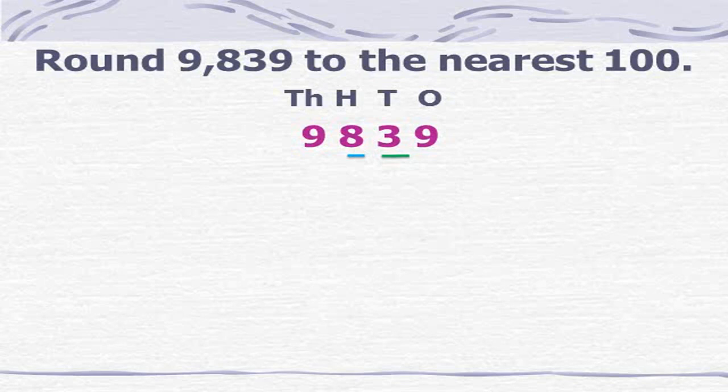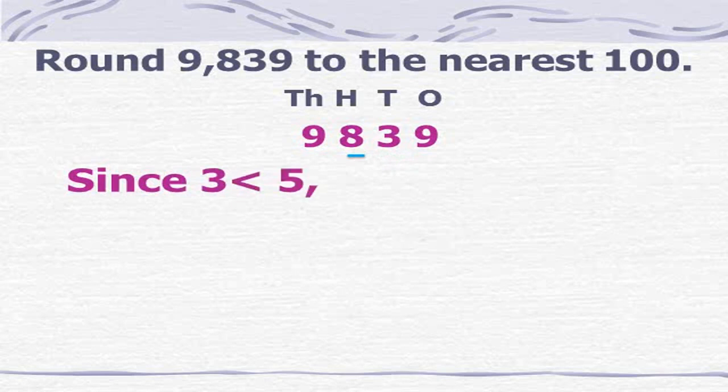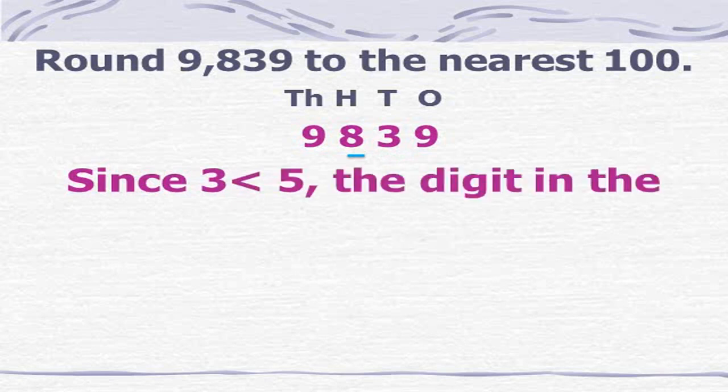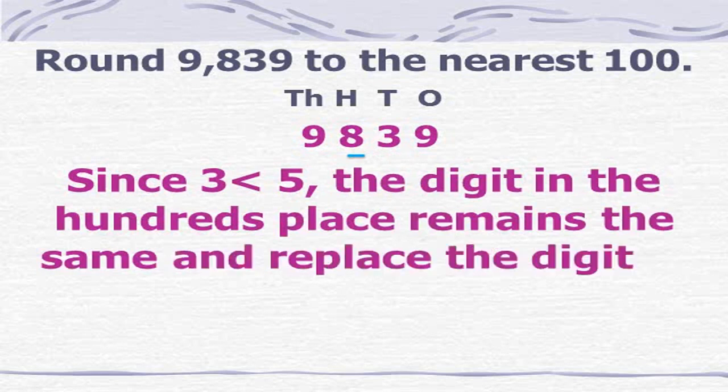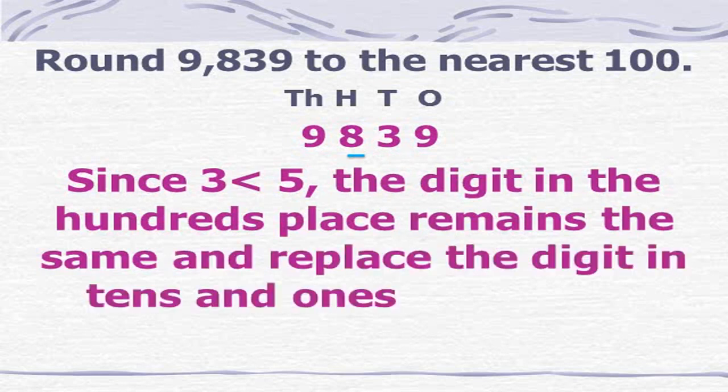So here 3 is less than 5. In previous slides we have learned that whenever the right-side digit of the rounding digit is less than 5, we will not change the rounding digit and will replace the tens and ones place with zeros. So here, since 3 is less than 5, the digit in the hundreds place remains the same and we replace the digits in the tens and ones place with 0.